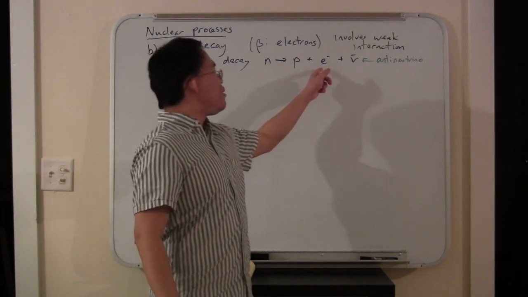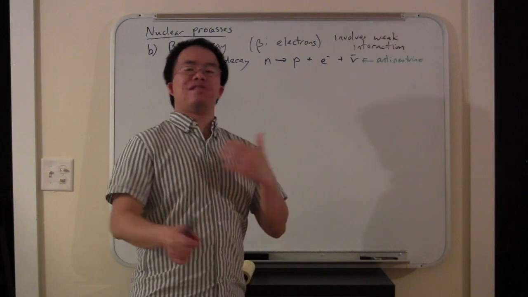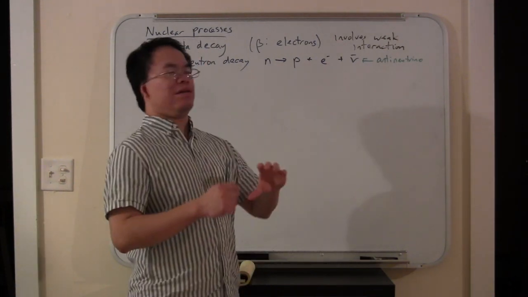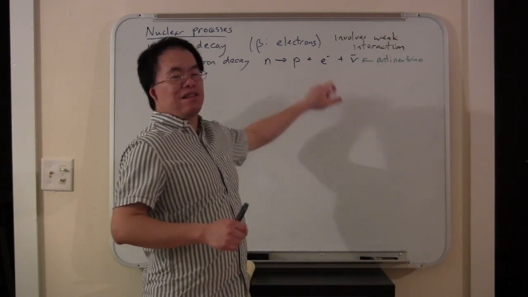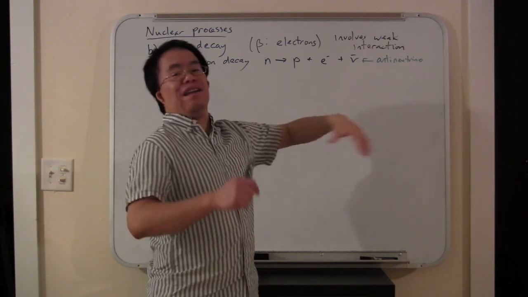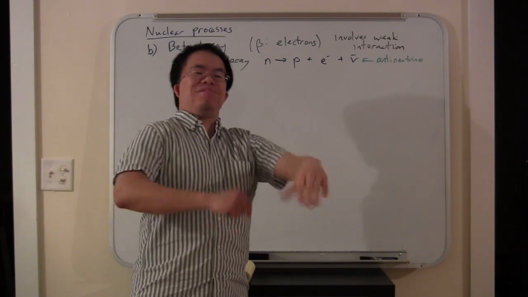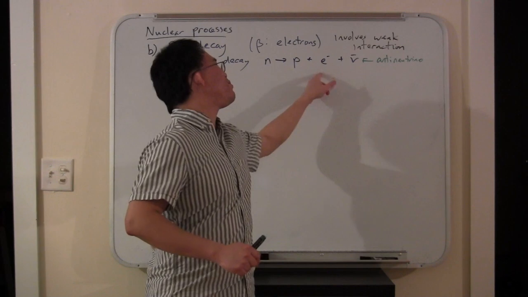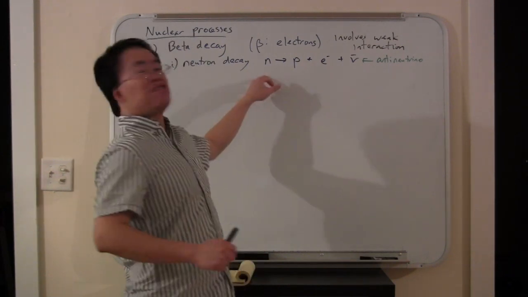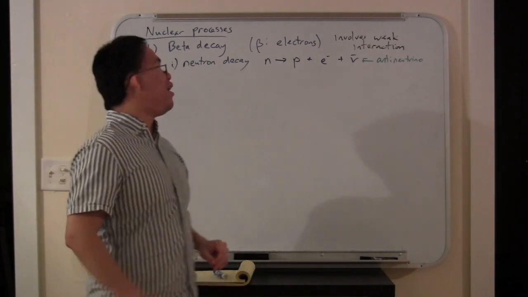It turns out that you have to keep the lepton number constant. Electrons count as positive, an antiparticle counts as negative. So you end up with a net 0, having started with no leptons on the left here.